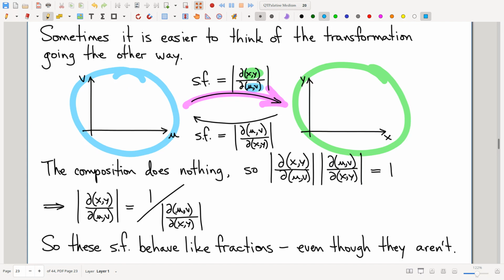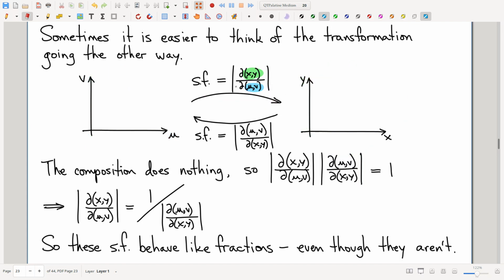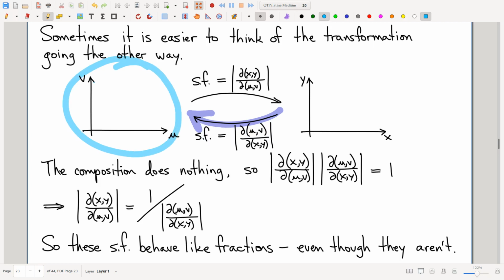It's not about right versus left. It's about output versus input. So if I turn this around, if I were to imagine what if I was going to view this as my change of variables function? Well, now my outputs are u and v. Left and right doesn't matter.